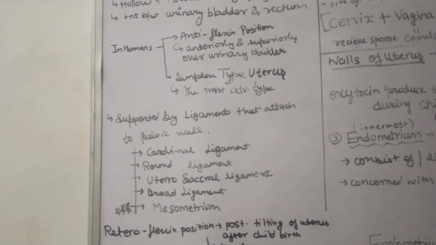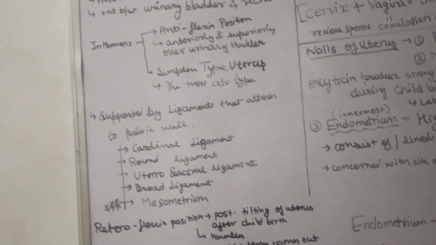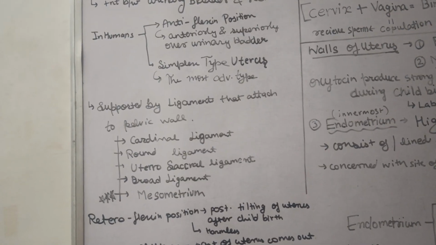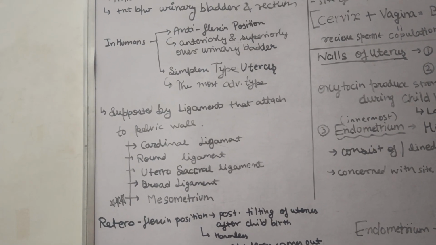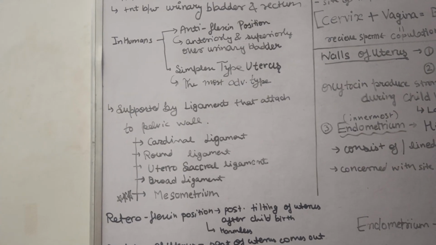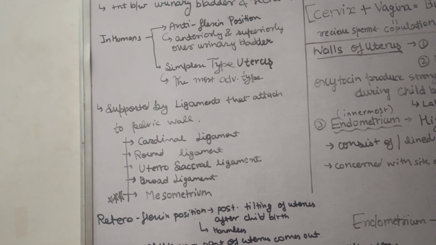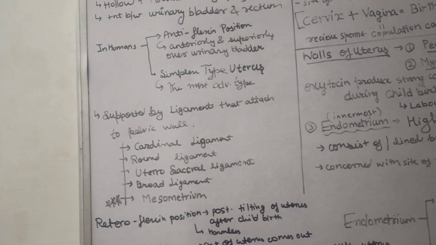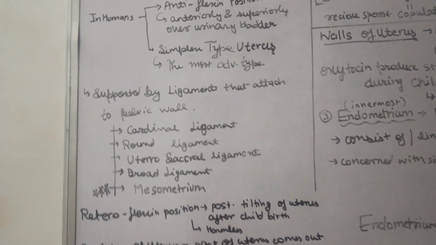Also, some other animals have a duplex type of uterus. There is a partition wall within the uterus, but we have the simplex type of uterus, which is the most advanced type, and it has no partition wall. You can check out the image on Google.